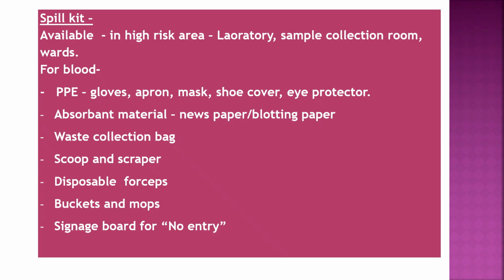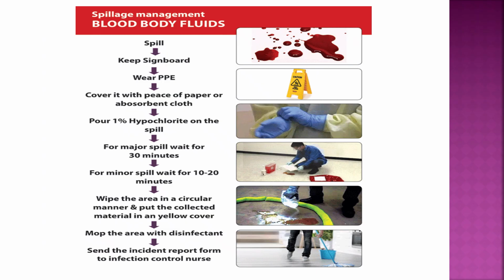For blood, the PPE should be there: gloves, apron, mask, shoe cover and eye protector. Then absorbent material like newspaper, blotting paper or tissue paper should be there. Then a water collection bag, a waste collection bag, a scoop and scraper, disposable forceps, buckets, mops, and a signage board for no entry till you remove that spillage.